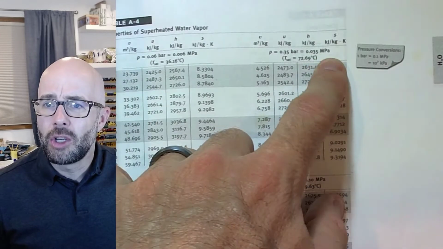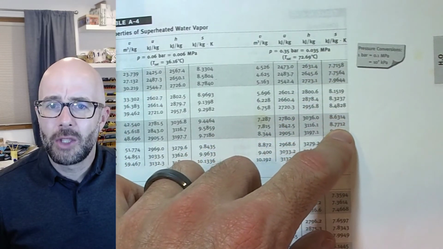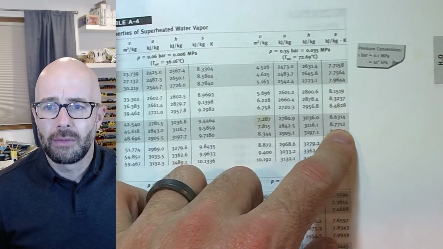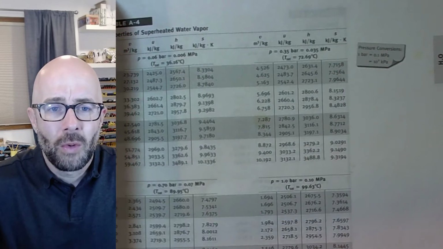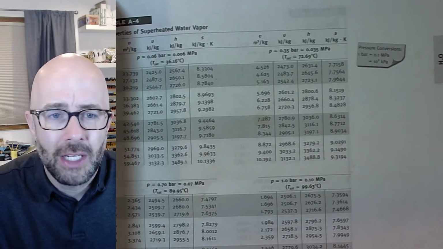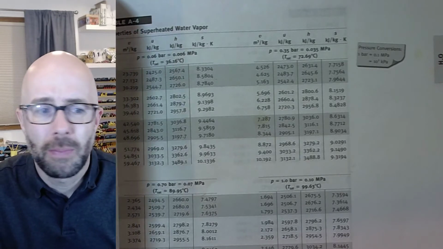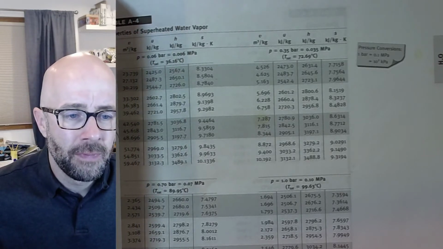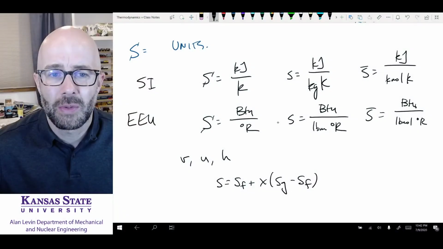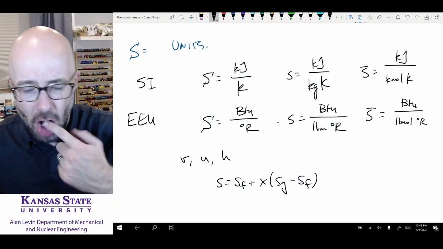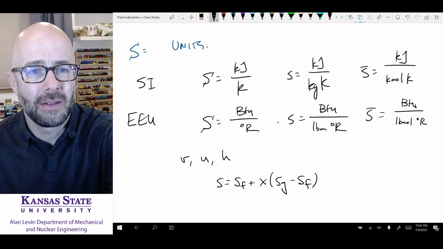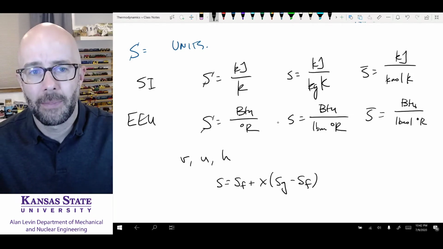Okay, entropy is in the superheated water vapor tables too. Same thing there. You're going to see it's going to have a lot of digits here. We're going to have some interpolation that we're going to have to deal with. Sometimes we deal with entropy in the problems in our book, because we have 4 decimal places. We have to be very careful with our significant figures, but just note we're going to keep those 4 decimal places.